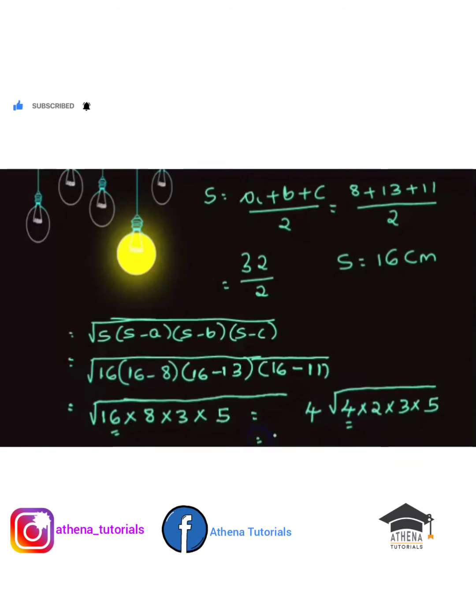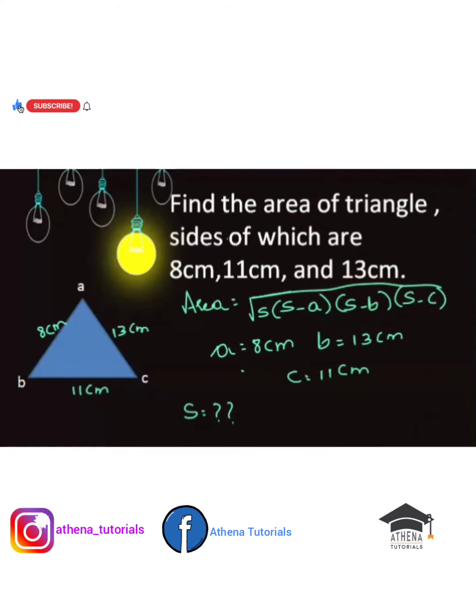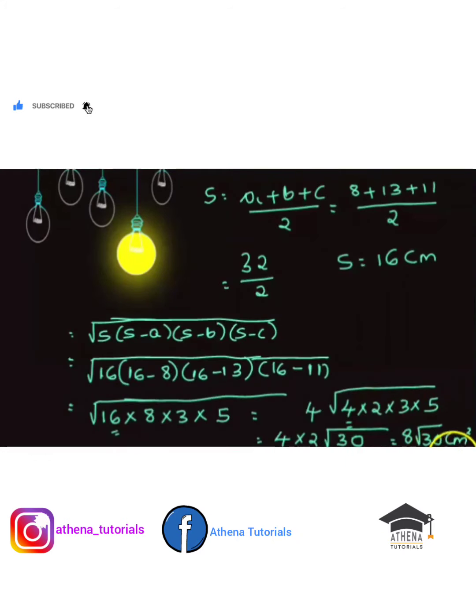So this will be 4 into 2 root of 5 3s are 15, 15 2s are 30. What is 4 2s? 8. So 8 root 30 centimeter square will be the area of the given triangle.